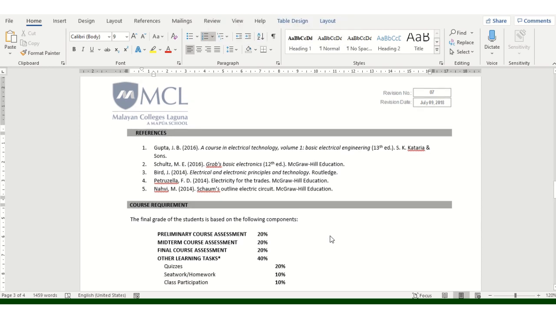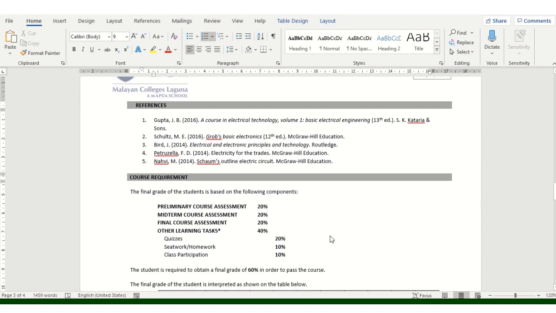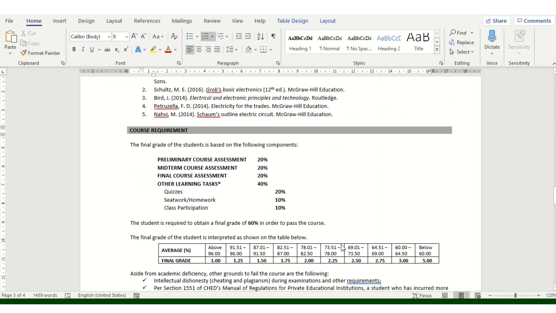For our course requirements, the three major assessments will consist of 60% of your grade, and the rest will be broken down into 20% quizzes, 10% seat work and homework, and 10% class participation.